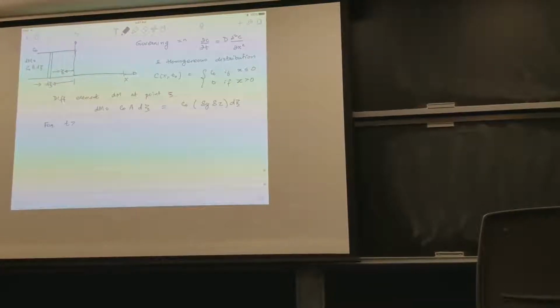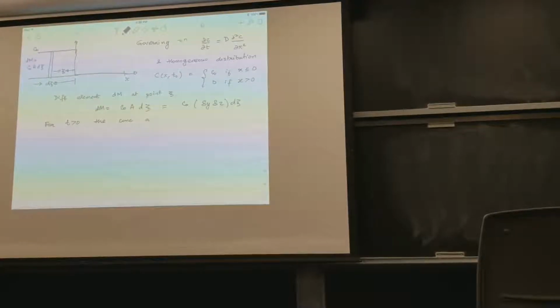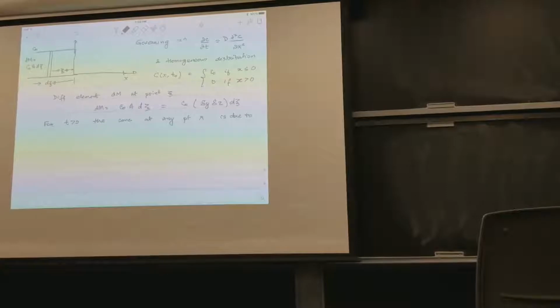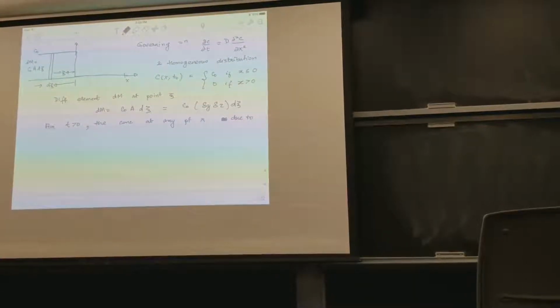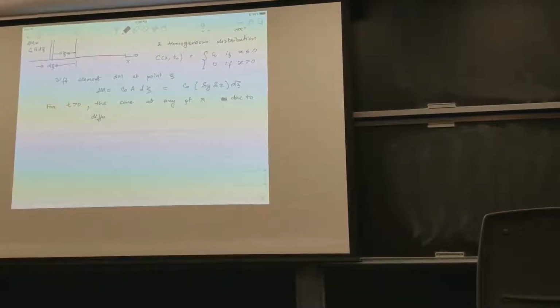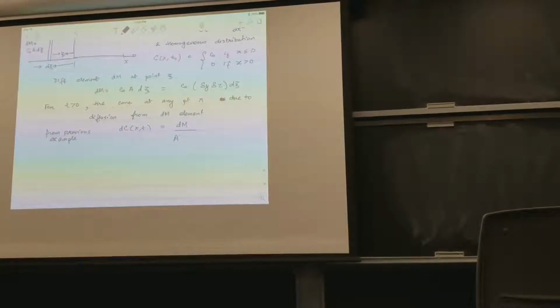So for time greater than 0, the concentration at any point x is due to, so if you want to figure out the concentration at any point x due to diffusion from a dm element, then we know from a previous example or derivation, we get this concentration is going to be m naught, and m naught was mass per unit area, so here it's going to be dm over a, square root of 4 pi Dt, exponential of minus, and that's your total distance squared over 4 Dt.